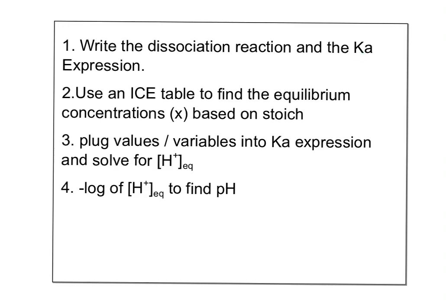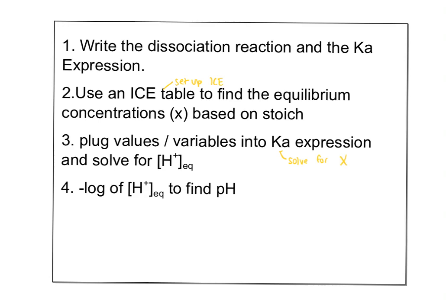Then you are going to use an ice table. So we should set up our ice table. And so really you get your ice table set up with your starting concentration, 0 for the products, your minus X's, your plus X's. Then you're going to plug in any values that you get into your Ka expression and solve for X. So do a little algebra.